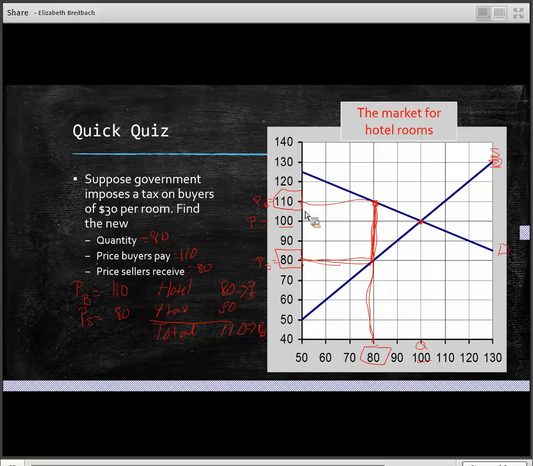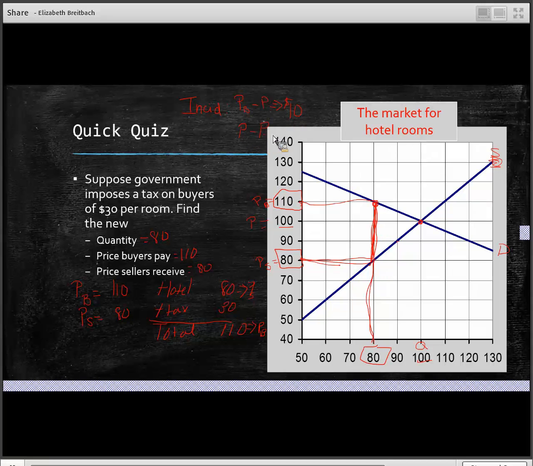And so the buyers pay $10 of the tax. The difference between the equilibrium price and the new price that sellers receive is 100 minus 80. So the sellers are paying $20 of the tax, for a total of a $30 tax. So of the $30 tax, buyers have changed the amount that they pay by $10, and the sellers changed the amount that they receive by $20.